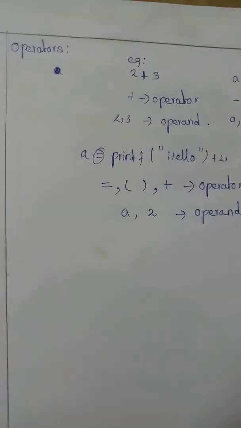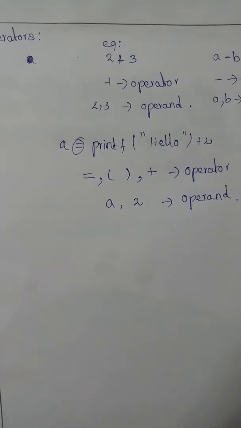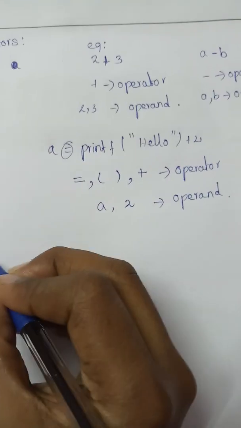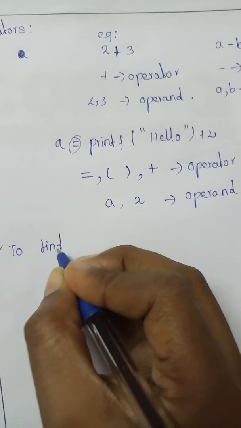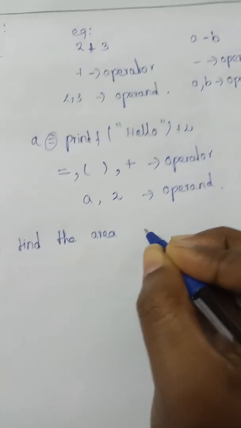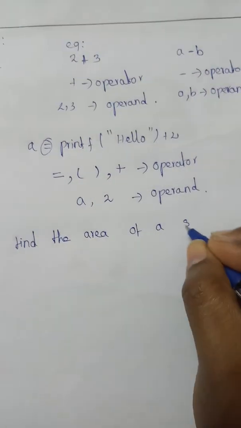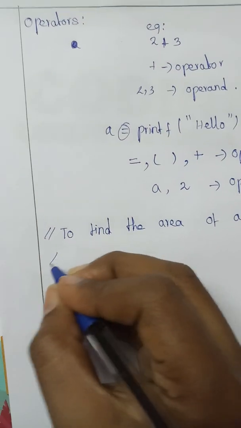For example, here I am writing a program to find the area of a square. So what is the first step?